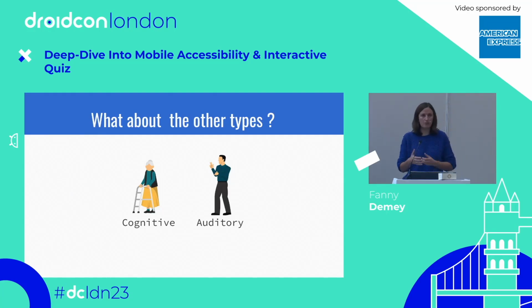And all the best practices to help them are UI and UX best practices. So as developers, we are not going to design the features that suit them best. It's the designer or the product manager doing that. Of course, we are implementing that, but we are not the starting point.